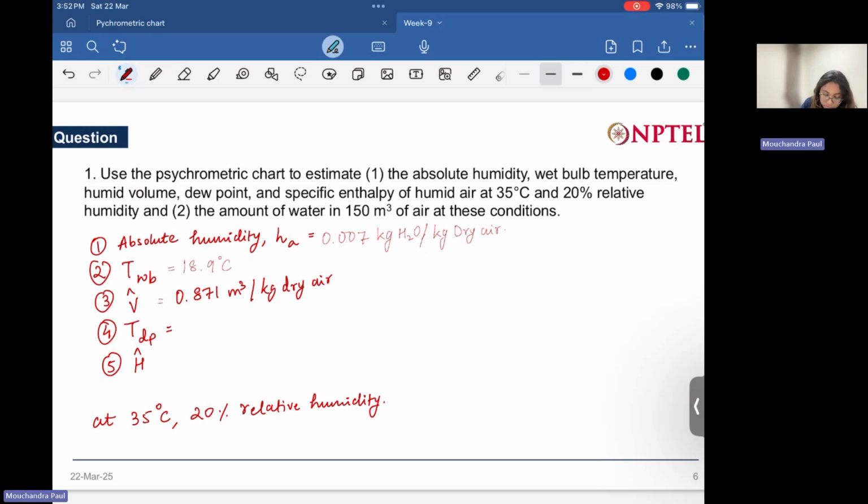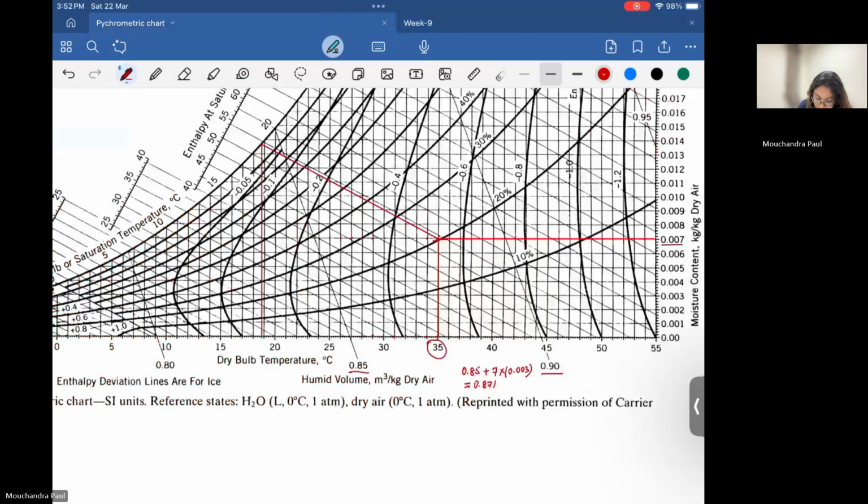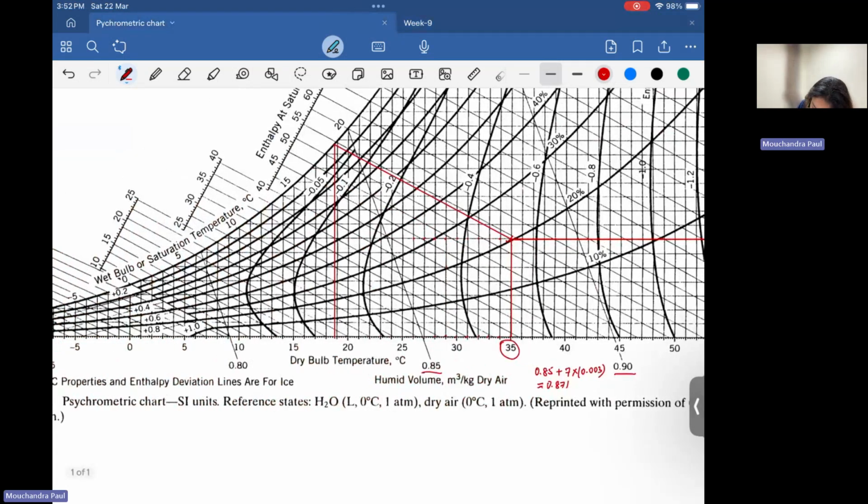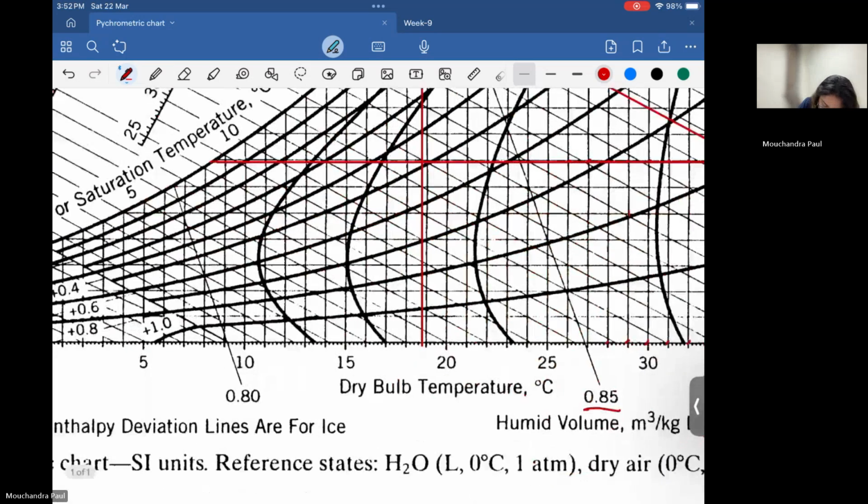And what is the dew point? From this point, you have to extend a horizontal line and draw up a vertical line like this.